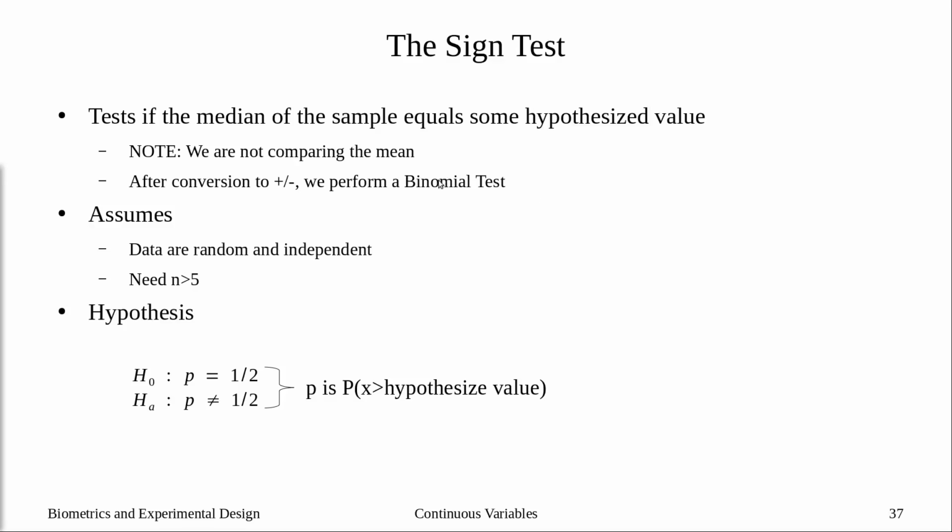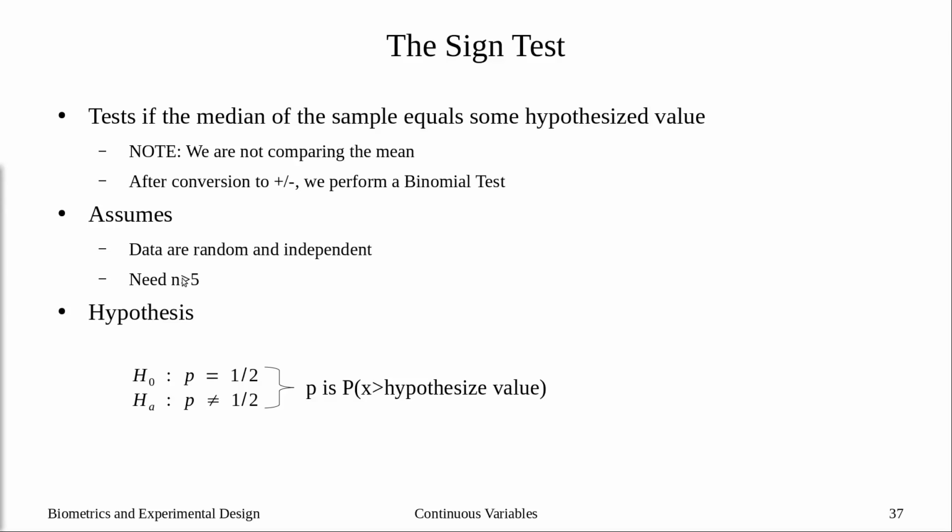We'll cover a binomial test later as part of our categorical variable discussion, but know that even though we're going to use our binomial test, we are actually performing the sign test. The test assumes that our data are random and independent, and in order to find significance, we need at least a sample size of 5.